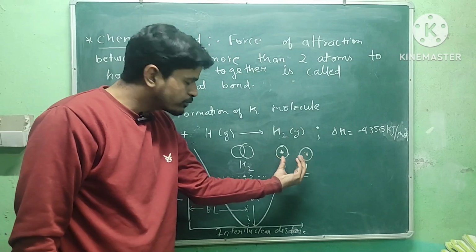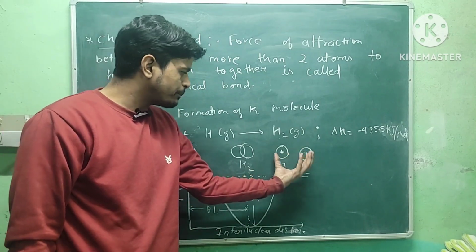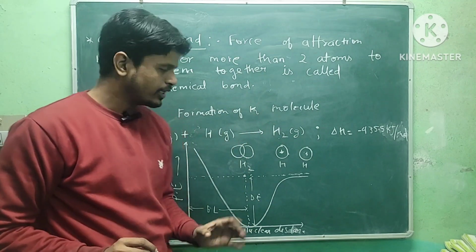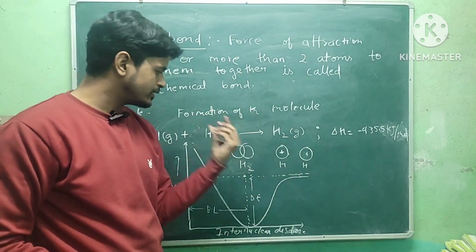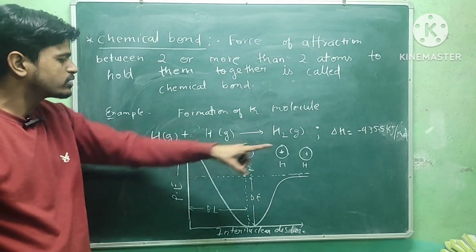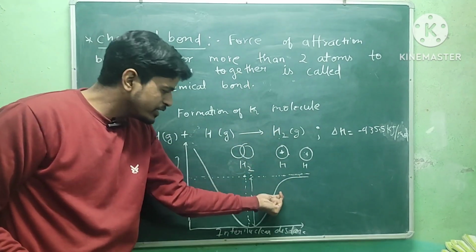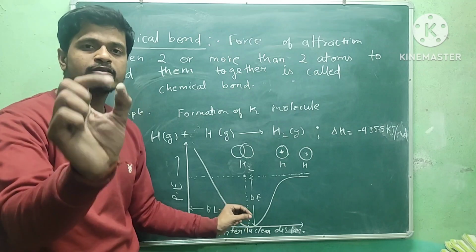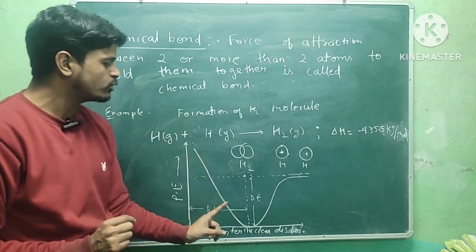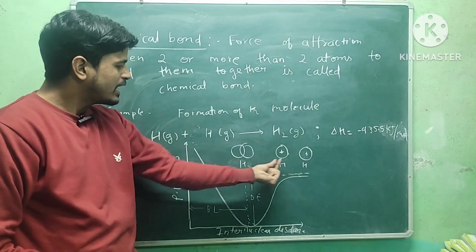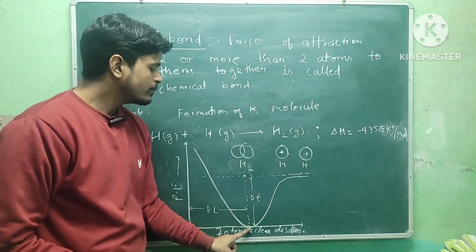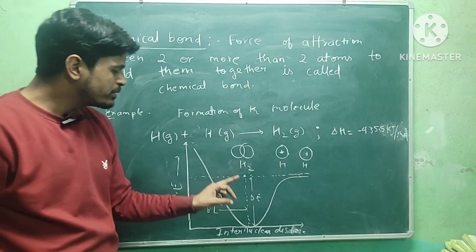When two hydrogen atoms approach each other, there is a net resultant attraction force, and due to attraction, the potential energy of the whole system will decrease. Decreasing, at a particular point it will attain a minimum value, where bond formation between the H and H atoms takes place and they become an H2 molecule, and their potential energy will be minimum.